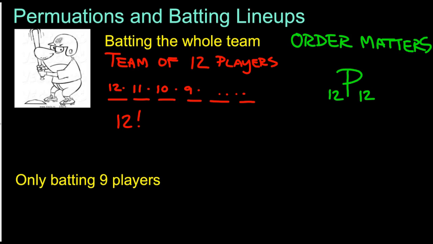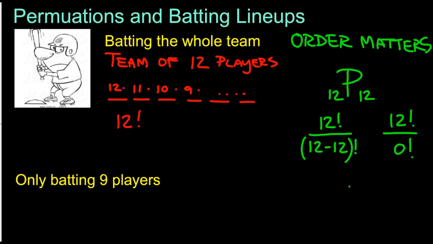So when you do the permutation rule, that would be 12 factorial divided by 12 minus 12 factorial. But 12 minus 12 is 0, and 0 factorial is 1. So this ends up just being 12 factorial. So you'll see if you permutate all of your choices, like 12 permutation 12, it ends up just being 12 factorial, which is a pretty big number, isn't it?